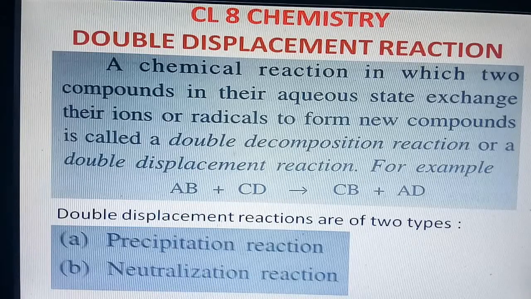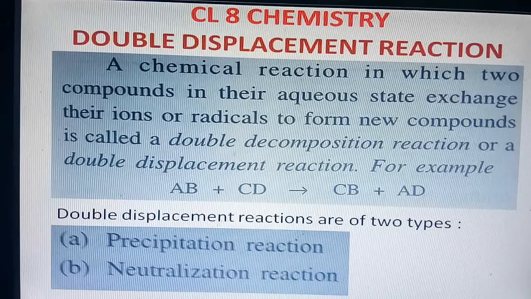A compound always should have positive part as well as negative part. Metals are positive part, bases are positive part, non-metals are negative part, and acid radicals are also negative part. So a compound always should have positive part as well as negative part.